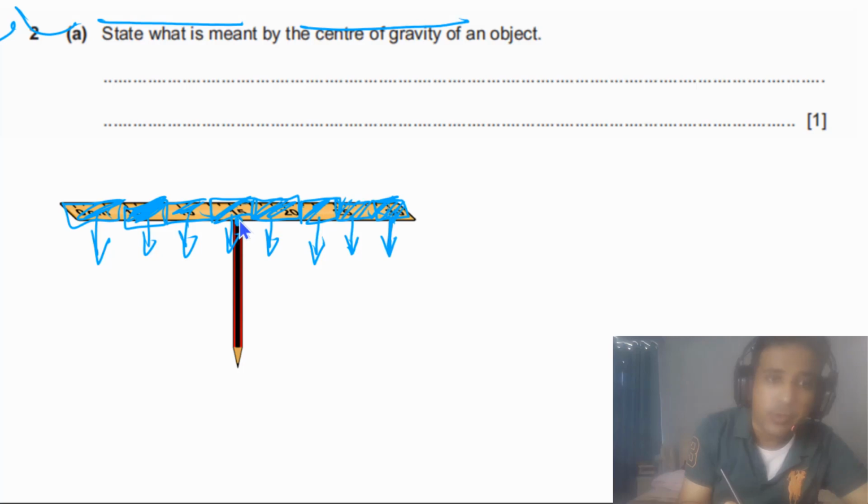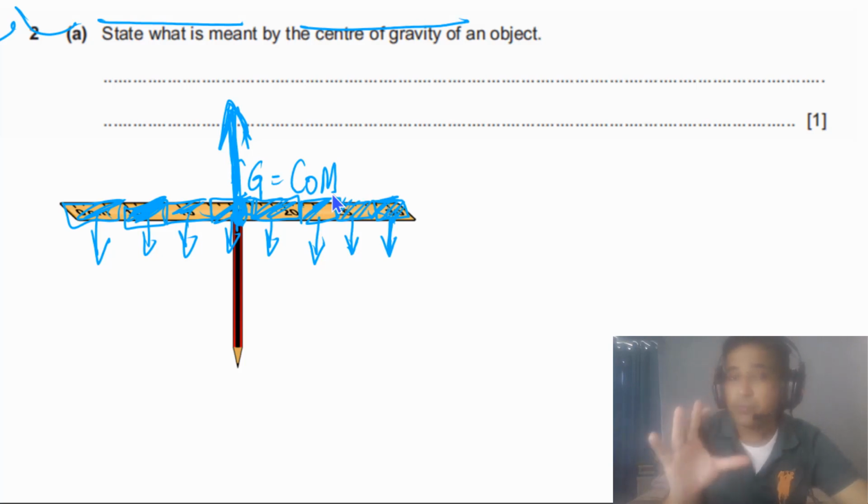It means at this point, if I apply one force that is equal to all these forces, I can balance this one. And that point where I apply one single force, that point we call CG, the center of gravity. Or we can say in this case that it is also the center of mass.